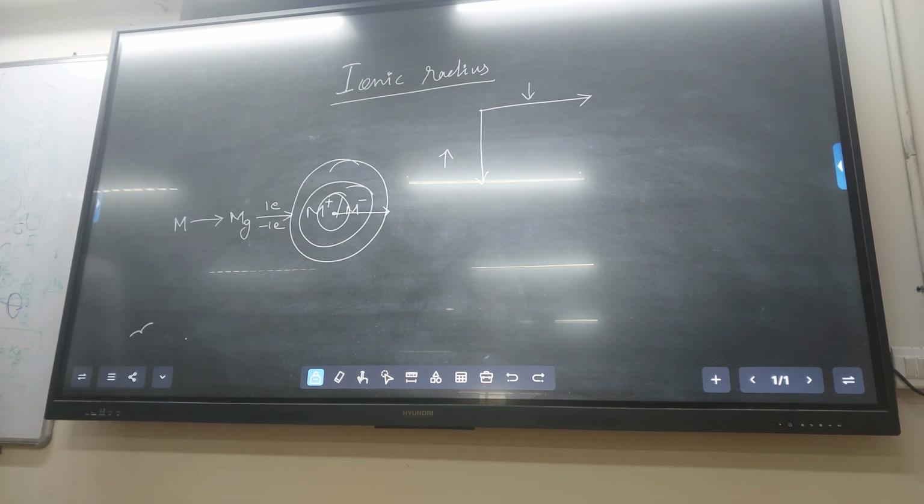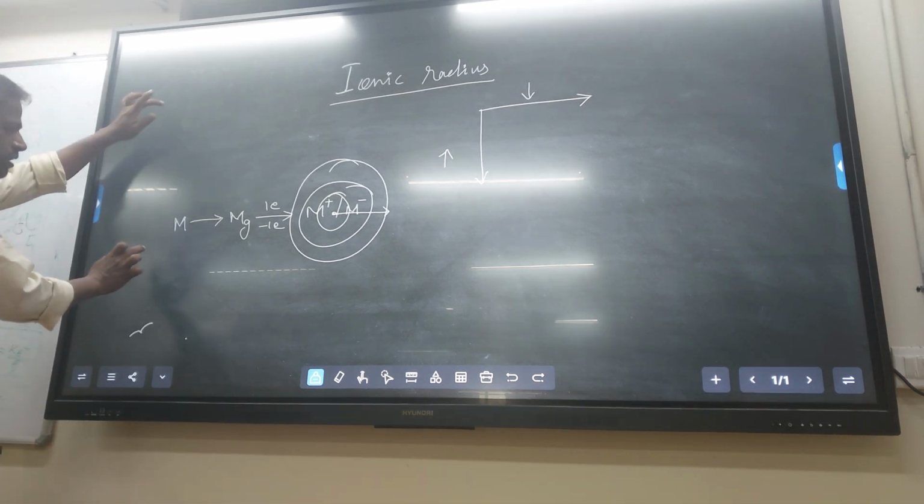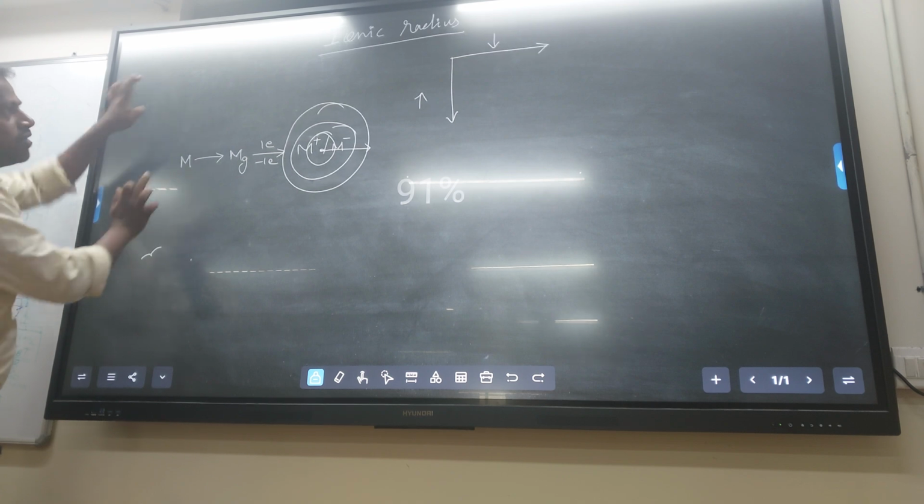In an isolated gaseous atom, you write the definition and all; no issue, because someone may give it a different way.